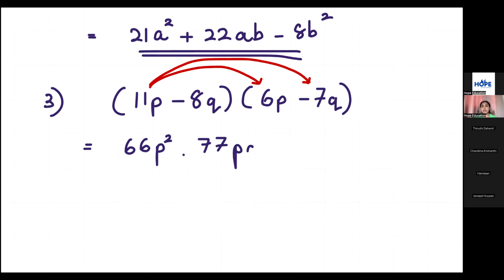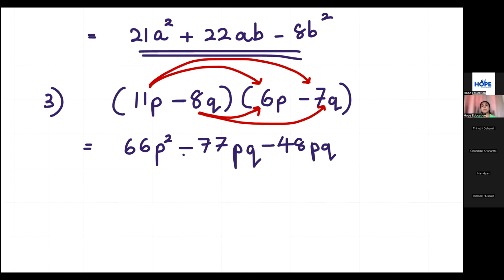This has plus, this has minus. So plus times minus, answer is minus. Then minus 8q multiplied by 6p. 8 times 6 is 48. P times q is pq. Here minus, here plus, minus times plus, answer is also minus, right? Different signs multiplied, answer is minus.